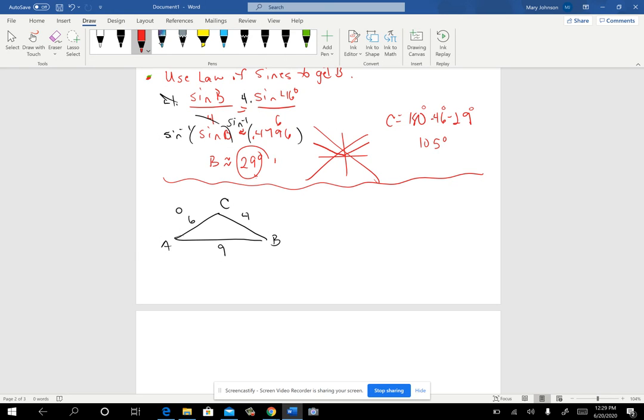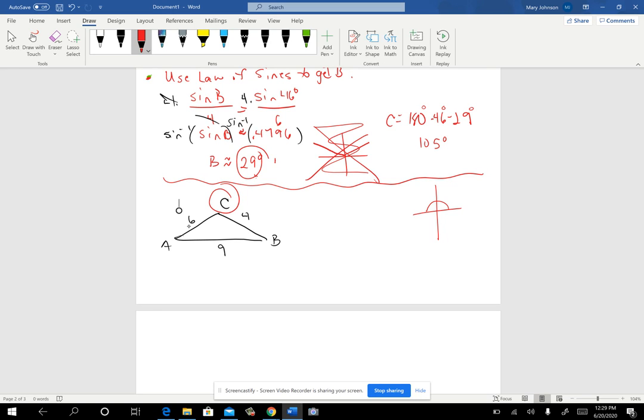So do you see how the side opposite angle A is only 4, and the side opposite angle B is 6, and opposite angle C is 9? So C would be the biggest angle and the only angle that could potentially be obtuse. So if you start with that one, the law of cosines is a good thing to use. You don't have to do this part right here, because if you think about the cosine, your angle could be anywhere in quadrant 1 or 2 and be an angle in a triangle.